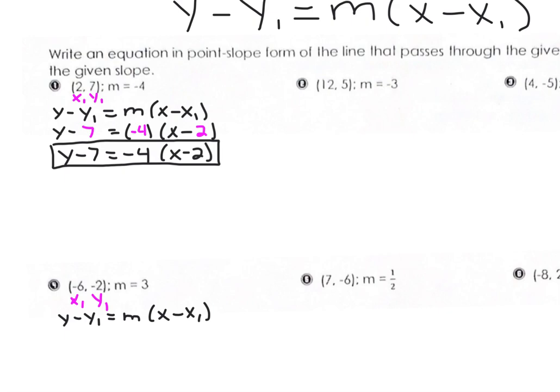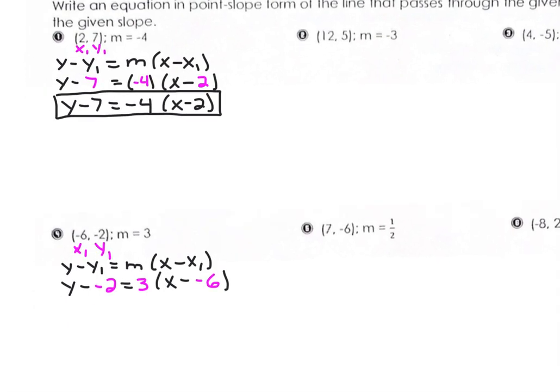Point-slope form is one that we need to memorize. So let's plug in what we know. So this would be y minus, our y1 value is -2, equals our m value is 3, times the quantity of x minus our x1 value is -6.